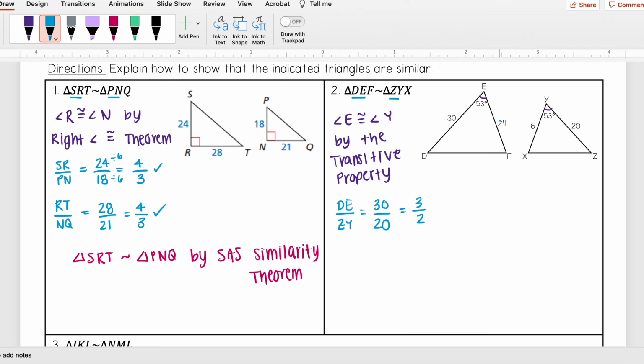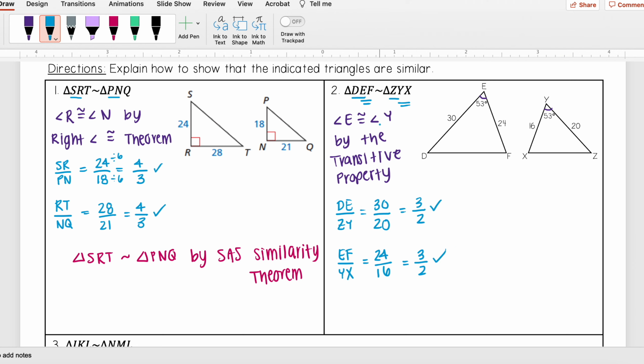And then now I can do my other two sides. That leaves EF, which is my second two letters, over YX. So 24 over 16. Here I see that 8 goes into both 24 and 16, and so when I divide 8 from both top and bottom, I get 3/2, which is what I was looking for.